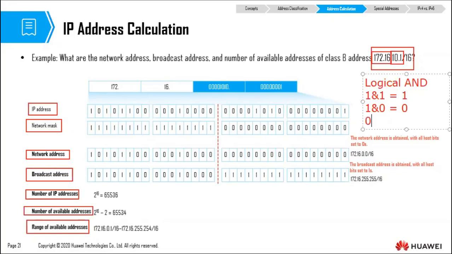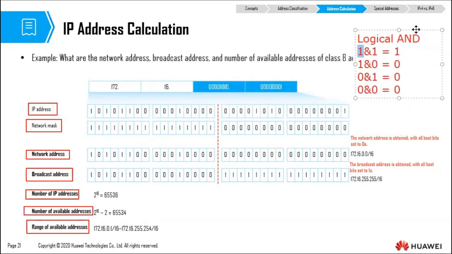A 0 and a 1 is 0. Finally, a 0 and a 0 will give you a 0. So with the logical AND, it can only be a 1 if both bits are 1s. Otherwise, it's a 0. So that's the logical AND.